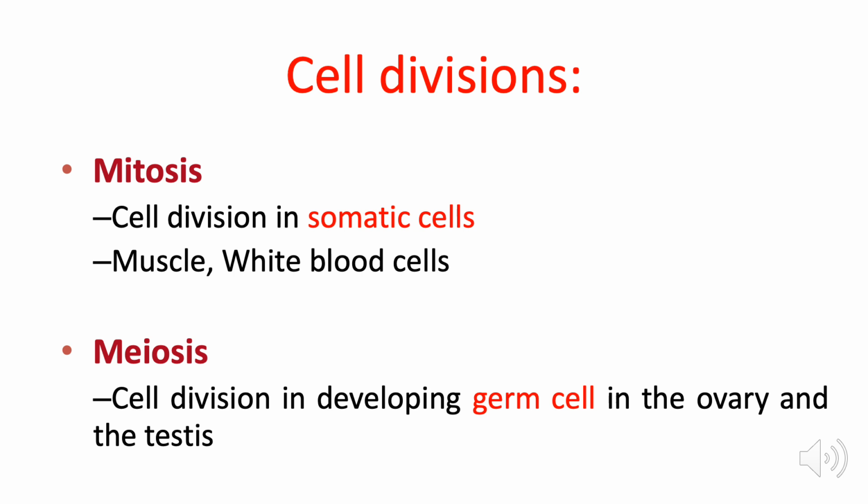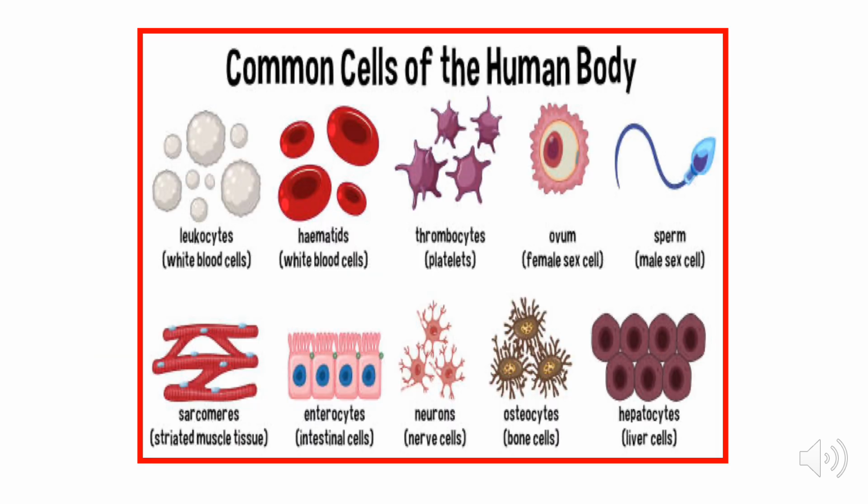Let's now go to cell divisions. There are two types. These are just a few of the cells in our body. Take note, the germ cells are the egg cell and the sperm cell, and they undergo cell division in the process called meiosis, while the rest of the cells that you can find in the picture will undergo cell division in the process called mitosis.